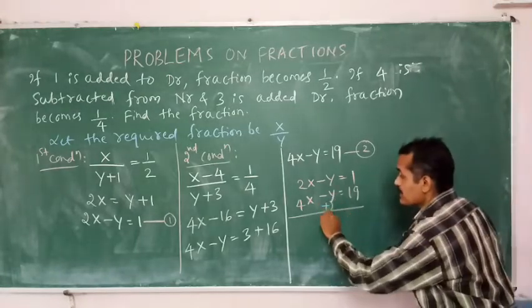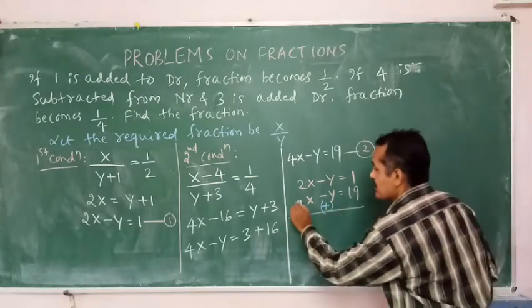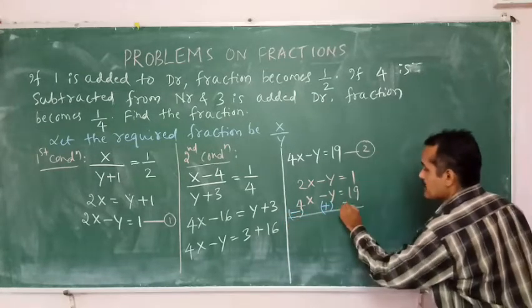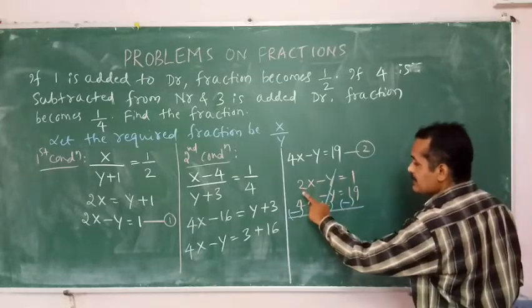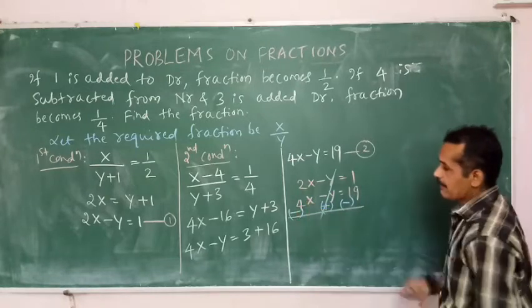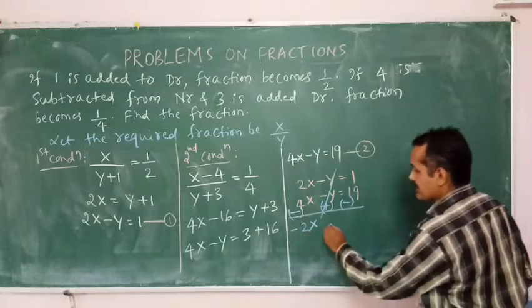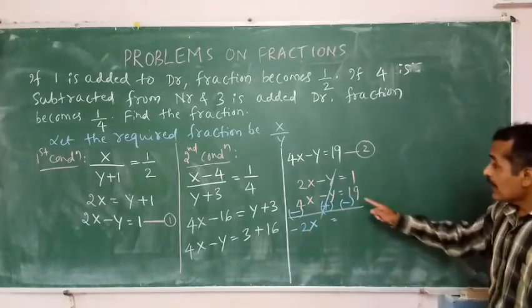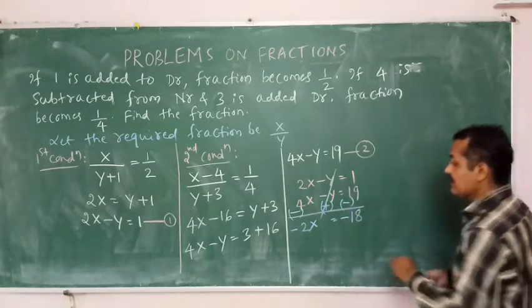Minus becomes plus, so that I can cancel minus y plus y easily. Plus becomes minus. Cancel. It is 2x minus 4x, which gives minus 2x is equal to minus 19 plus 1, which gives minus 18.